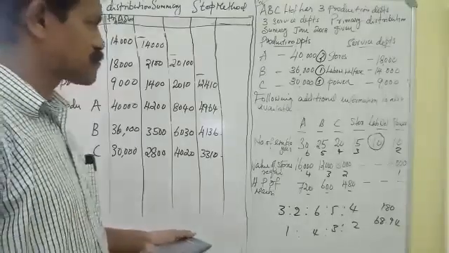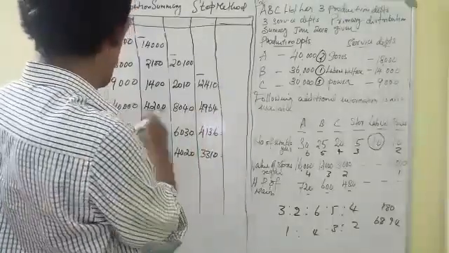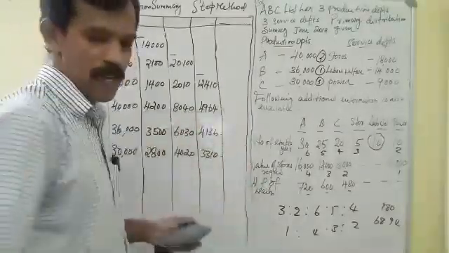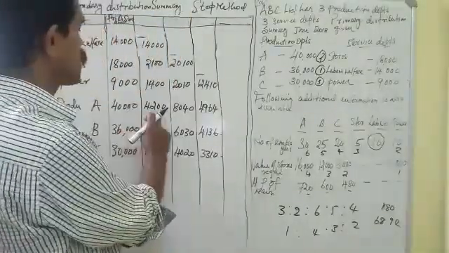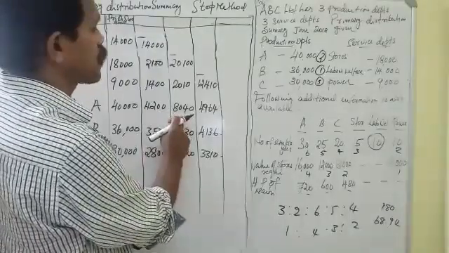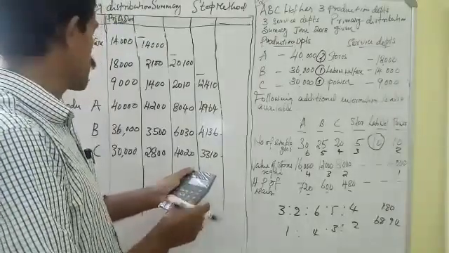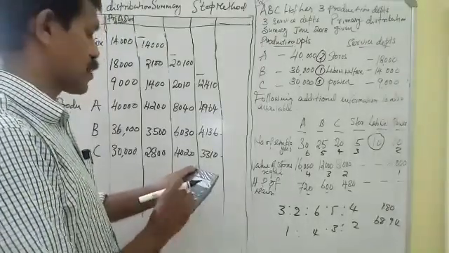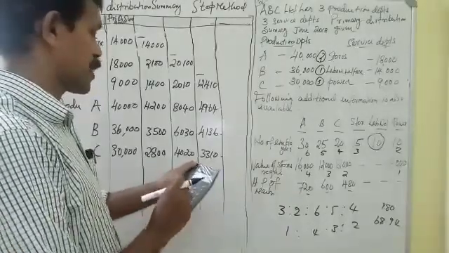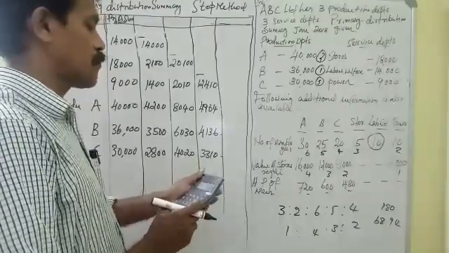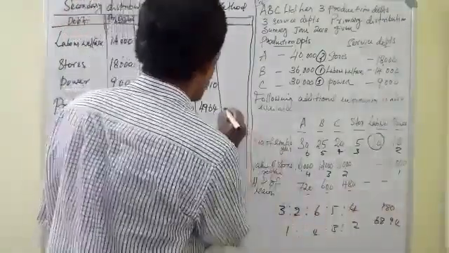Then now we are going to show the total overhead of our production departments. Here the total for A comes to 40,000 plus 4,200 plus 8,040 plus 4,964, that's equal to 57,204.